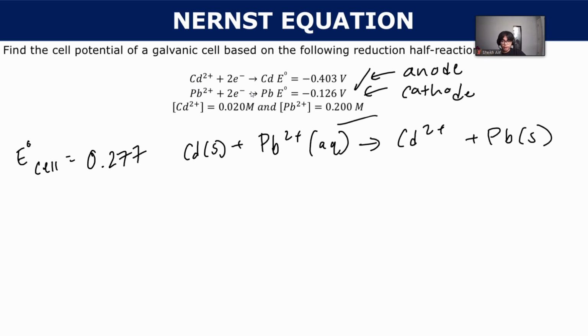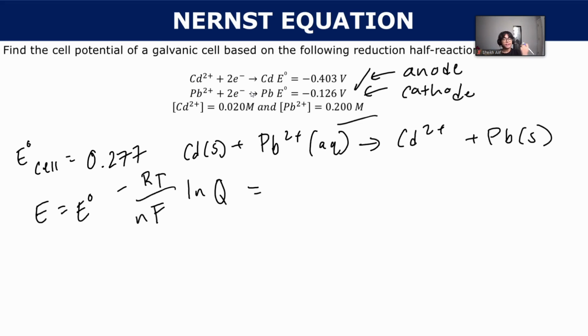Okay, so I cleared some stuff up. And so what is the Nernst equation? Well, remember, E is E standard minus RT over NF times the natural log of Q. So let's start filling this information in.